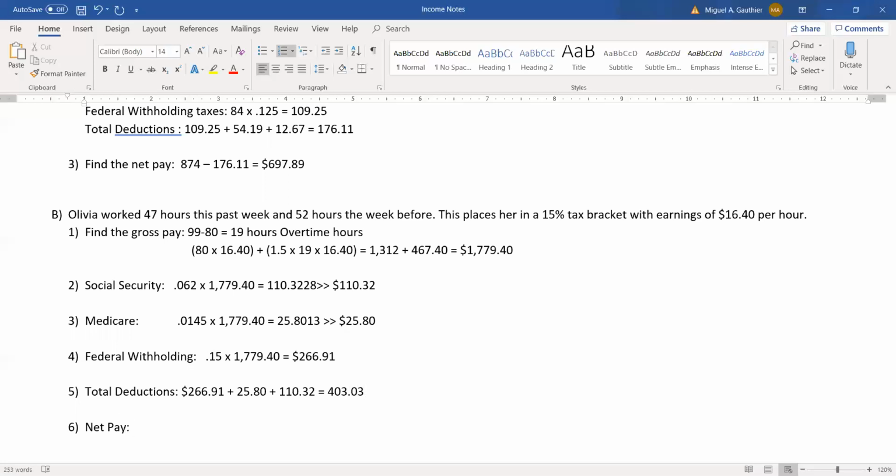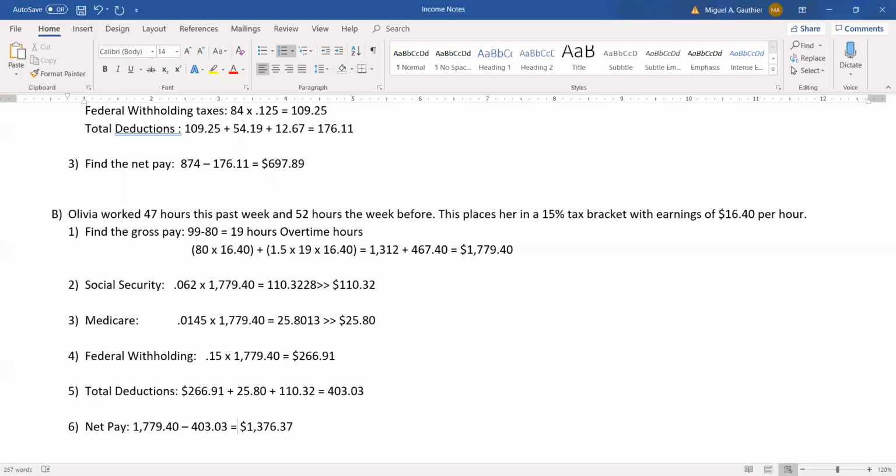So the net pay will be the 1,779.4 minus the 403.03. And that will equal $1,376.37.